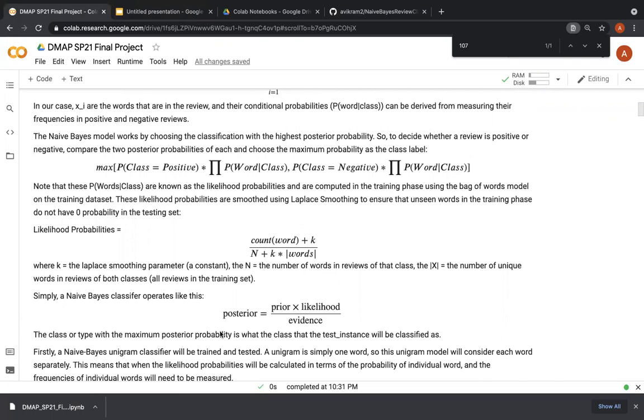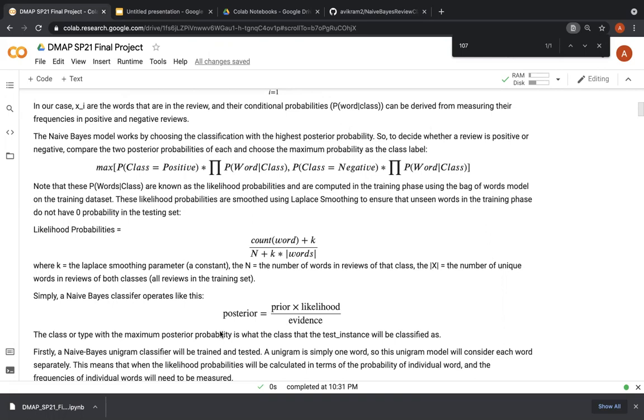Even if we've never seen that word before in our training stage, in our training data set, that does not mean that word cannot be present in a review in the test data set, right? So just because we haven't seen a word before in the training data set and it appears in the test data set does not mean we assign it a probability of zero likelihood, because I think that's irresponsible.